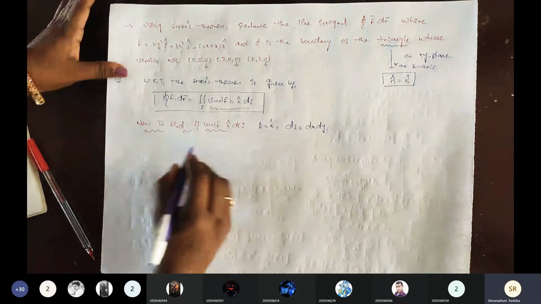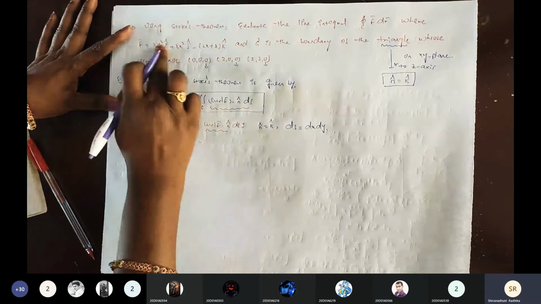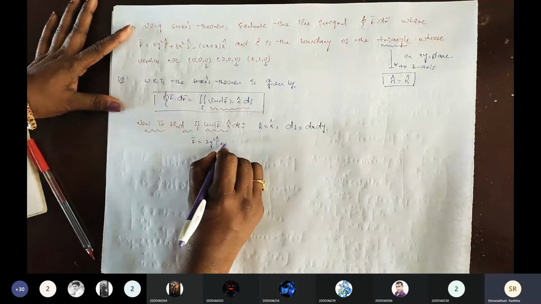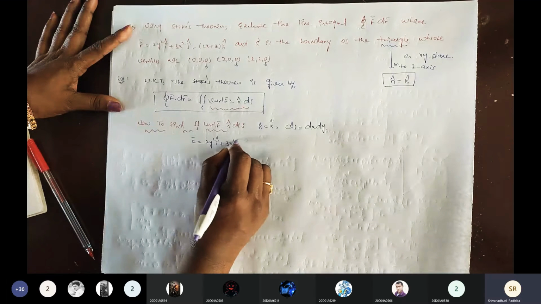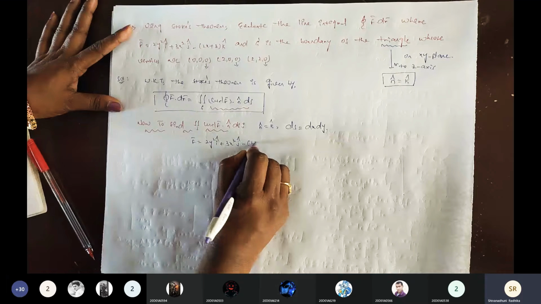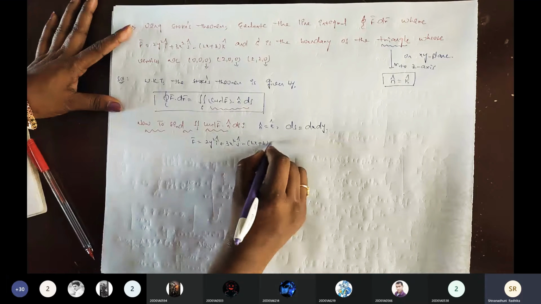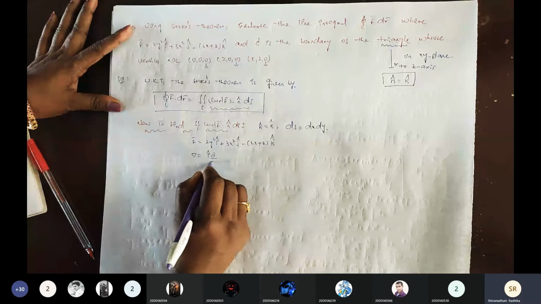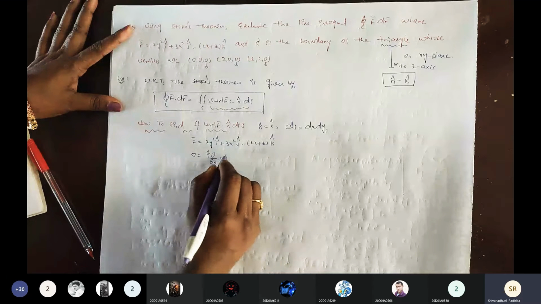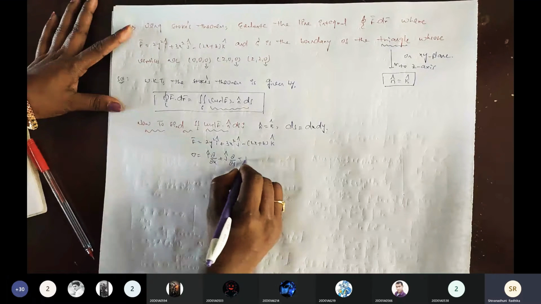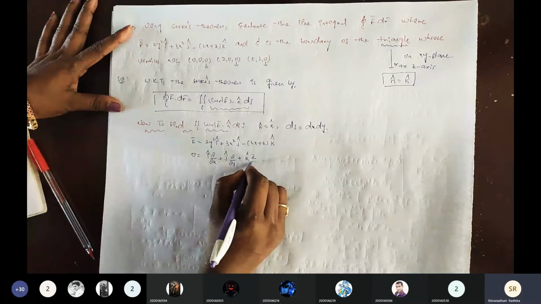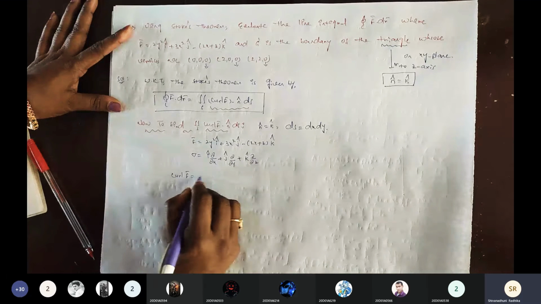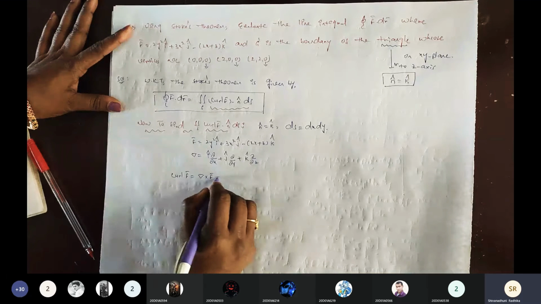Now F bar is the given vector point function. I am going to write it here: 2y square i cap plus 3x square j cap minus of 2x plus z k cap. What is the del operator? Del is i cap dou by dou x plus j cap dou by dou y plus k cap dou by dou z. Then what is curl F bar? That is nothing but del cross F bar.